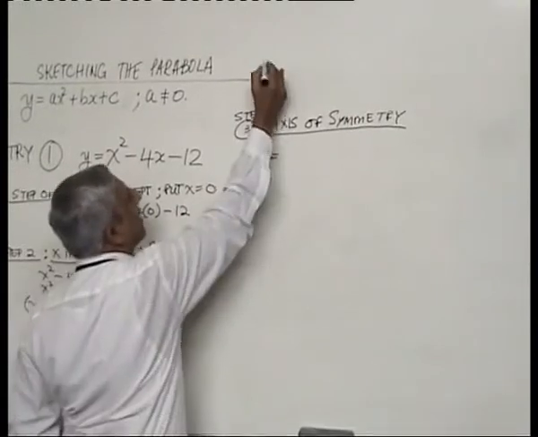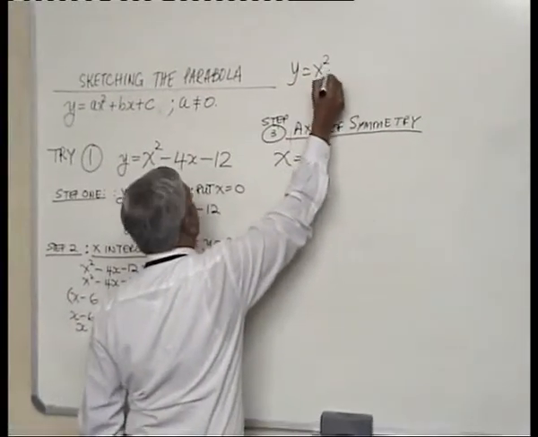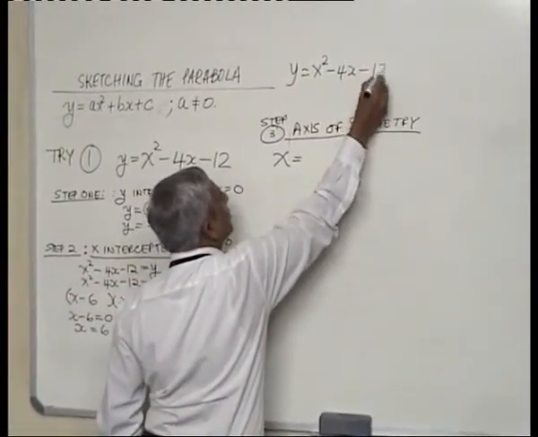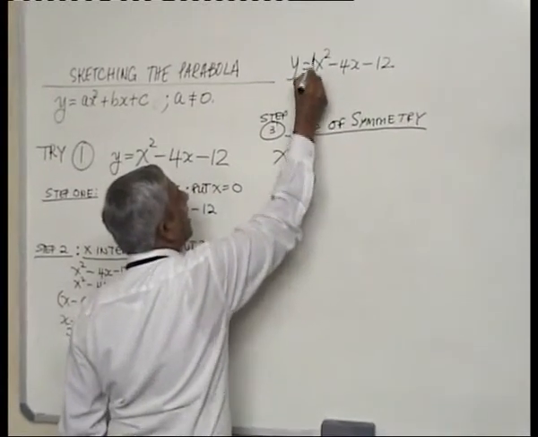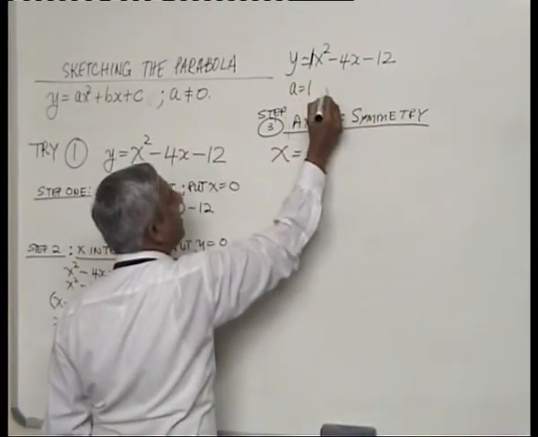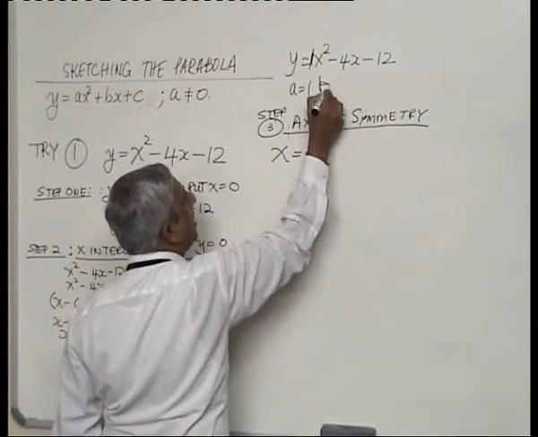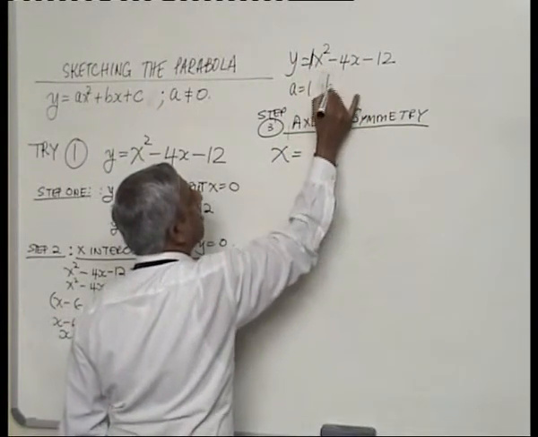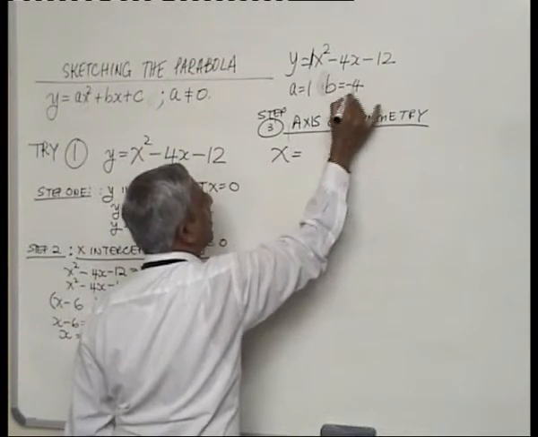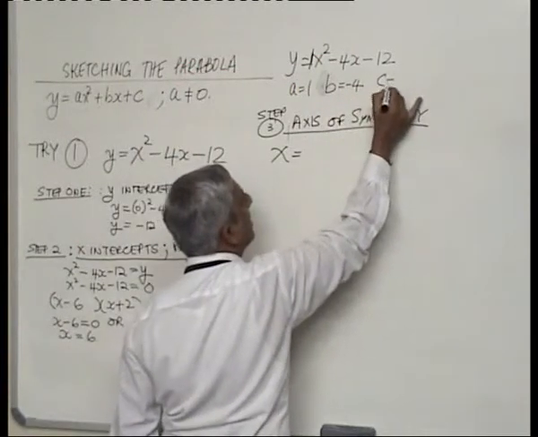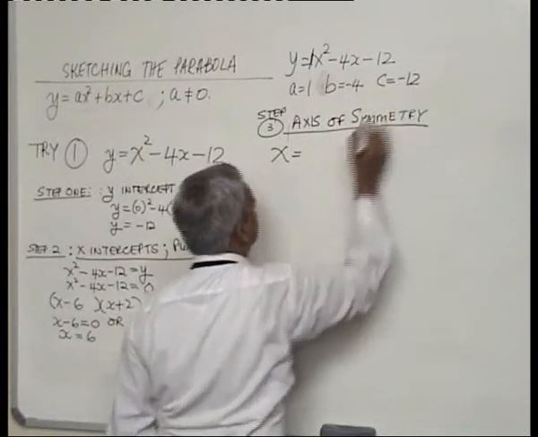So let's write the question down. y is equal to x squared minus 4x minus 12, and that number 1 is understood, so a is 1, b is minus 4, and c is minus 12.